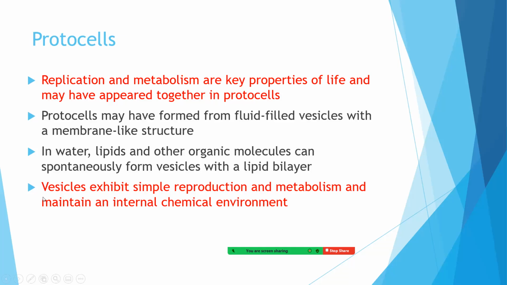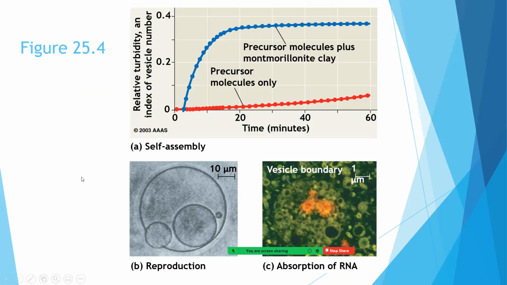Vesicles, which are surrounded by phospholipid bilayers, are able to show us simple reproduction and metabolism, and they're able to maintain an internal chemical environment, which we know is homeostasis. So that's just more evidence for how things might have occurred in terms of the very first cell that was created. Reproduction is a property that we talked about. This is looking at vesicles reproducing.